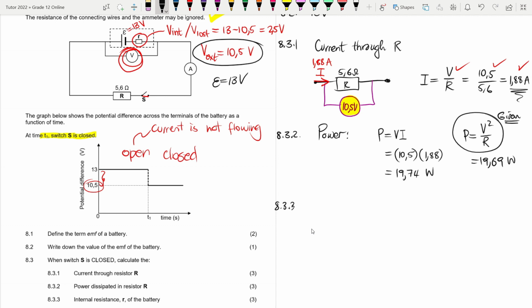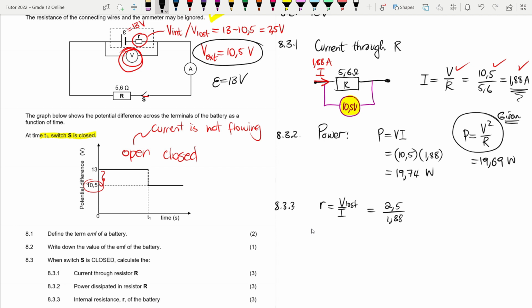We can use R is equal to V over I. Yeah, because we know the lost volts. The lost volts will be 13 minus 10.5, so our voltage will be 2.5, and then our current will be the 1.88 that we calculated.